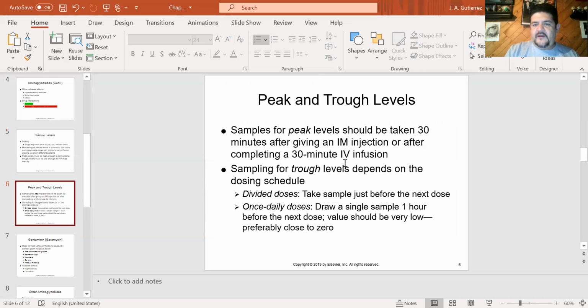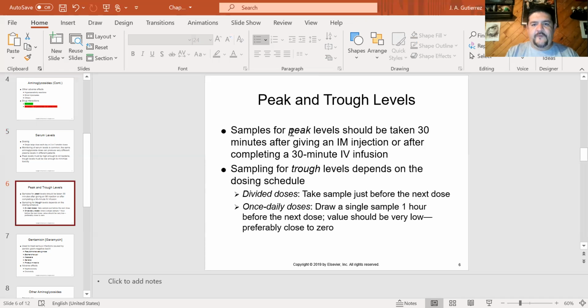It's very common for doctors to ask for peak and trough levels with aminoglycosides. Aminoglycosides in the hospital are going to be IV or intramuscular.